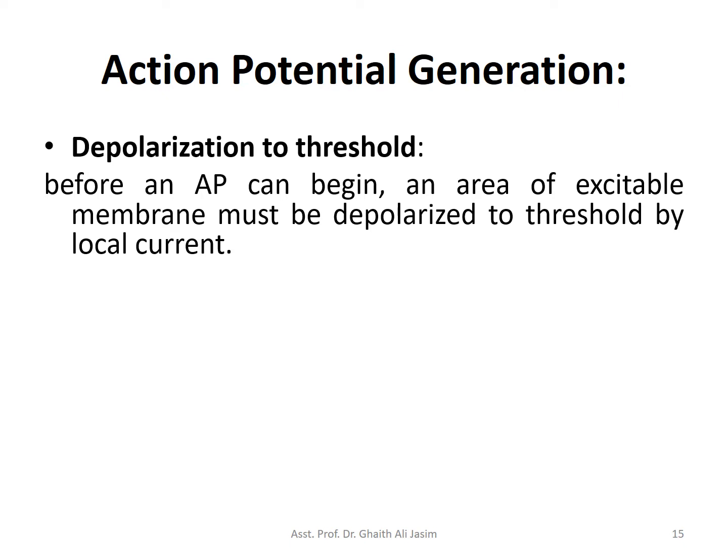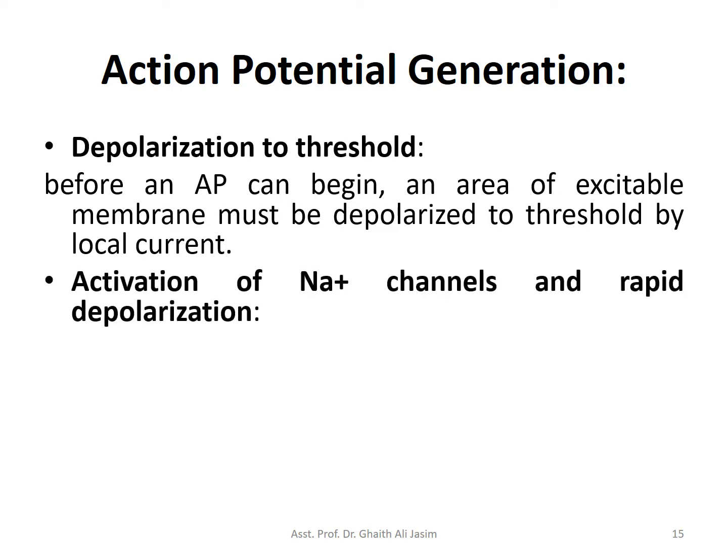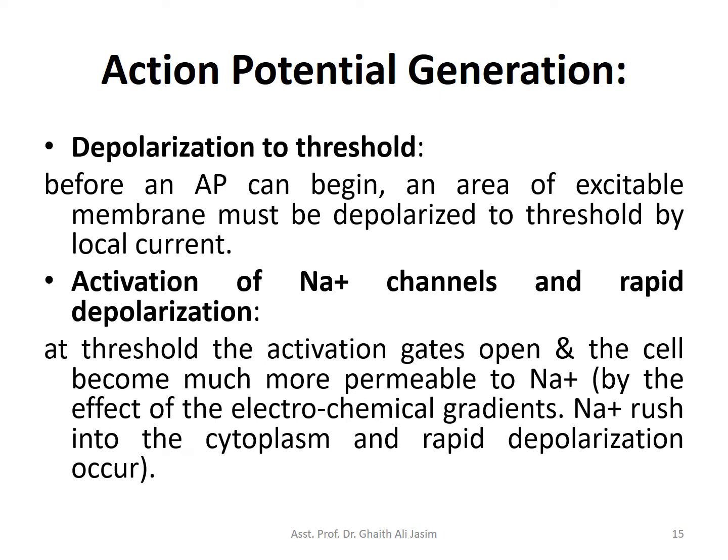Before an action potential begins, an area of excitable membrane must be depolarized to threshold by a local current. Second step, activation of sodium channels and rapid depolarization. At threshold, the activation gates open and the cell becomes much more permeable to sodium by the effect of the electrochemical gradient. Sodium rushes into the cytoplasm, and rapid depolarization occurs.